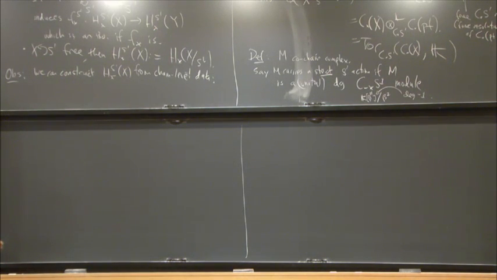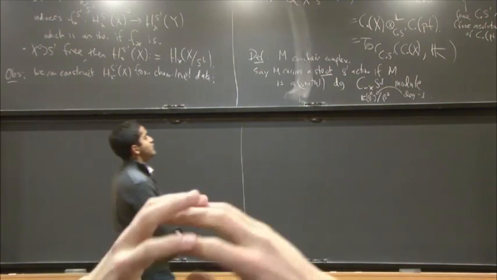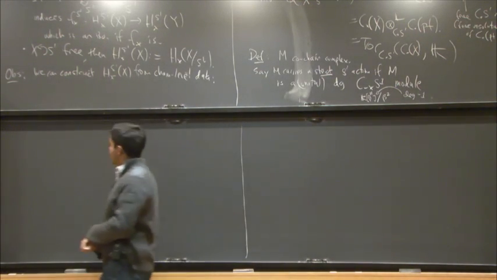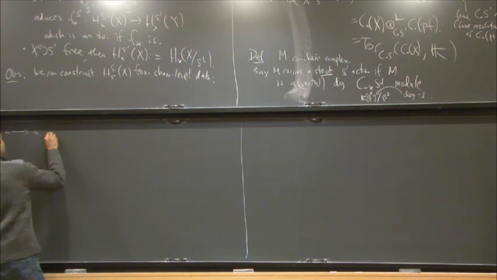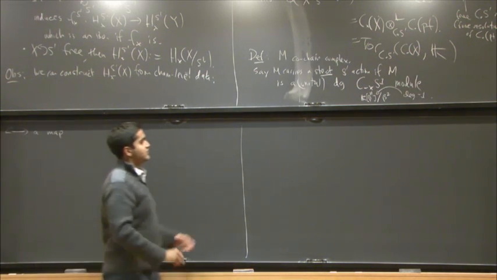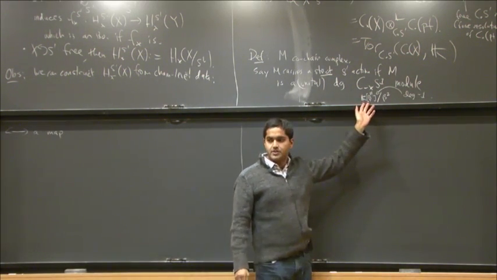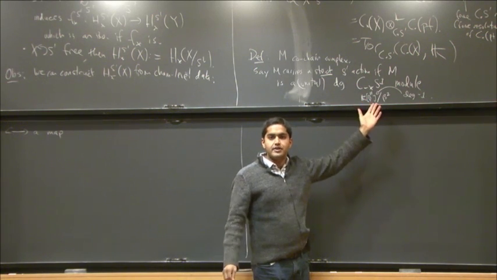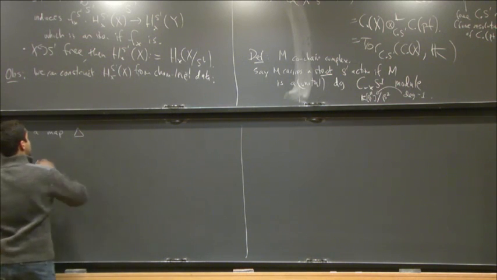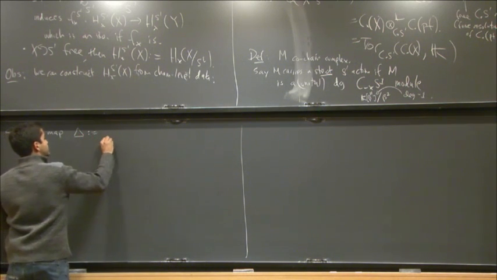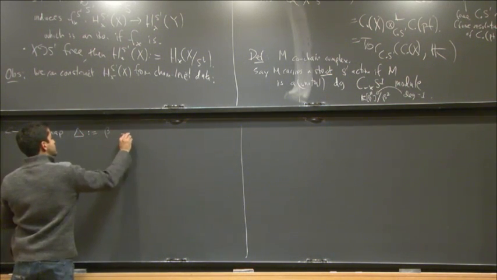Okay, so a strict S1 action is some module over this thing, and this is of course equivalent to the data of just a map. Okay, so this algebra has two elements, and one of them acts by the identity. So there's only one interesting map. So it's just a map, which I'll call delta. This is multiplication by beta.